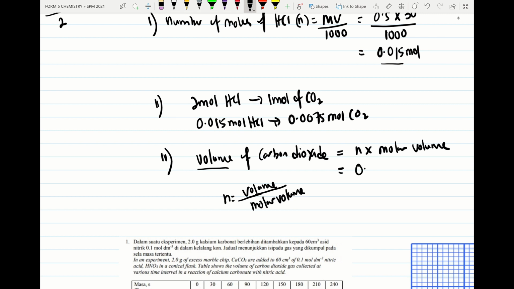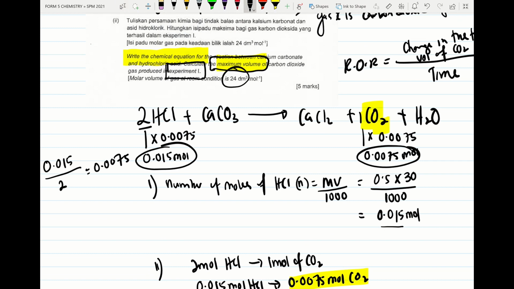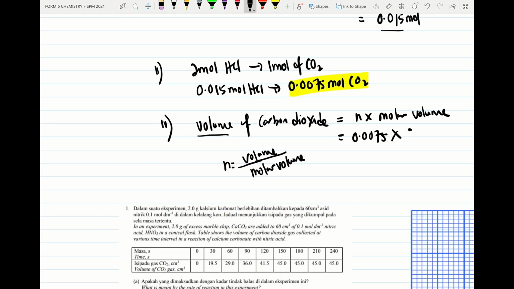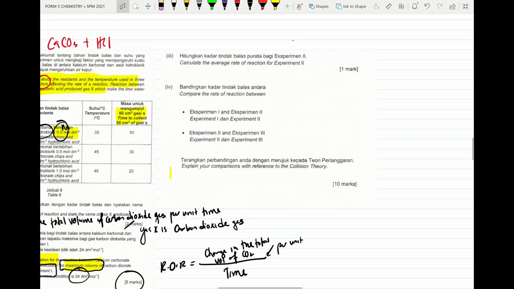The number of moles is 0.0075 of carbon dioxide, times the molar volume, 24 dm³ at RTP. So 0.0075 times 24, I will get 0.18 dm³. So we already scored 5 marks here. All right, we move on to the next question.